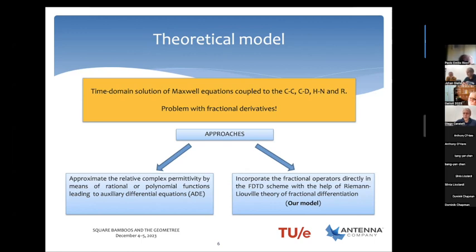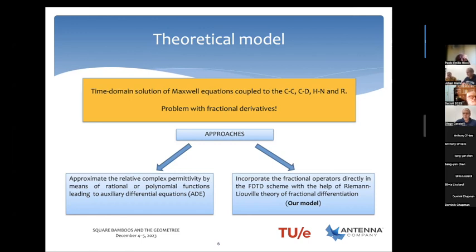However, this methodology leads to unavoidable inaccuracies associated with the approximation of the actual fractional behavior of the considered media.